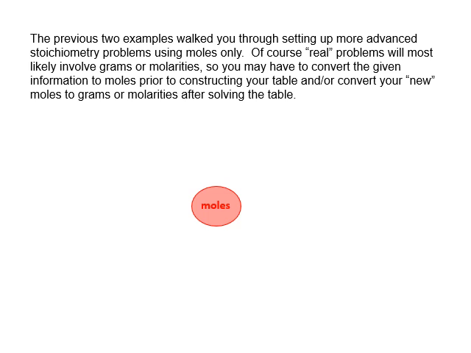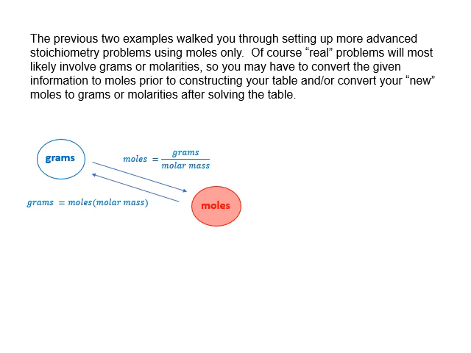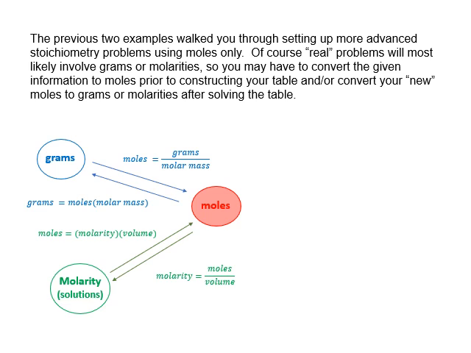The conversion between grams and moles is accomplished using the molar mass. To convert between molarity and moles, use the equation molarity equals moles over volume. If your problem involves gases and you need to convert between moles and either pressure or volume, use the ideal gas law, PV equals nRT.